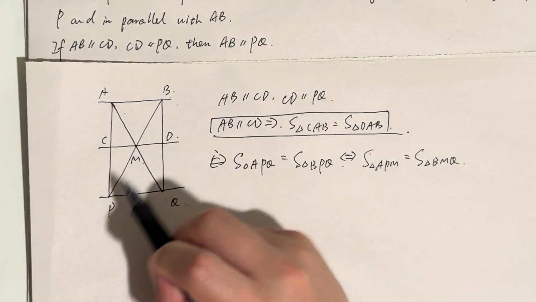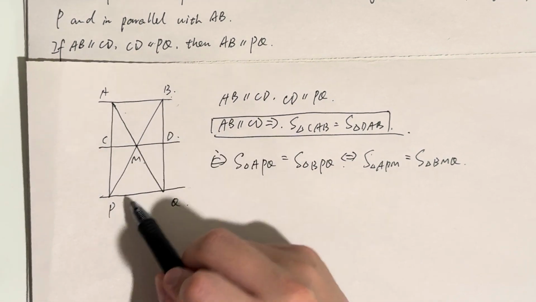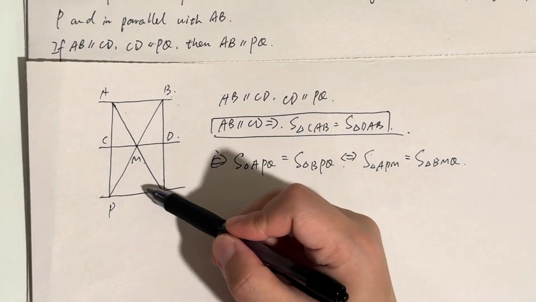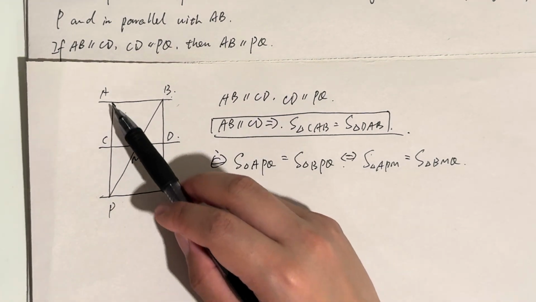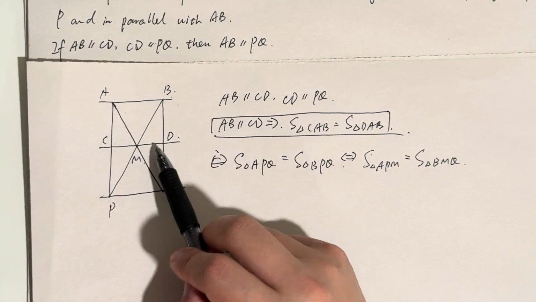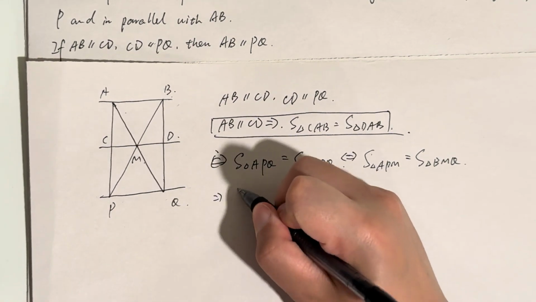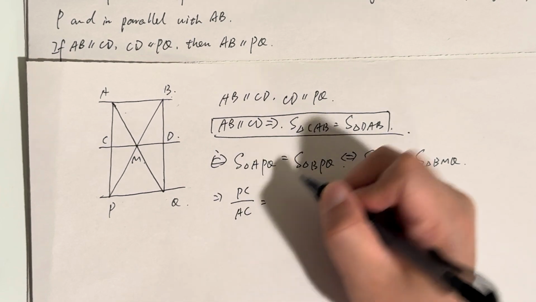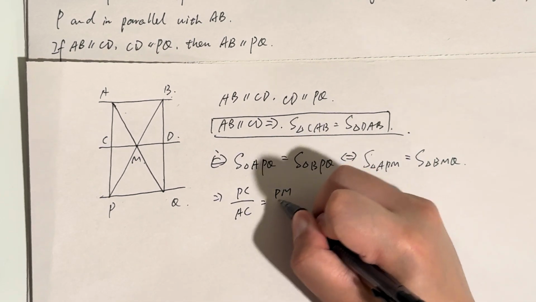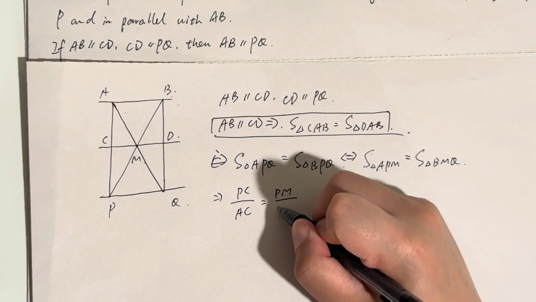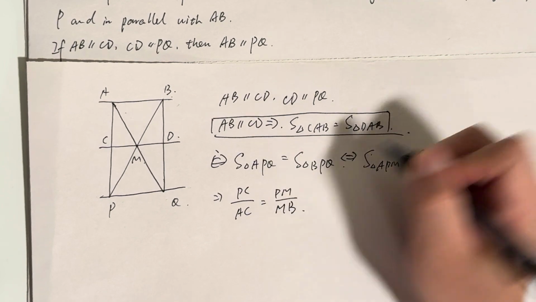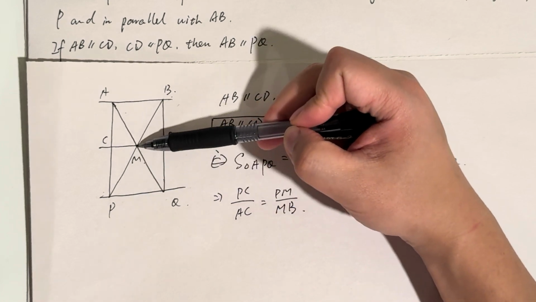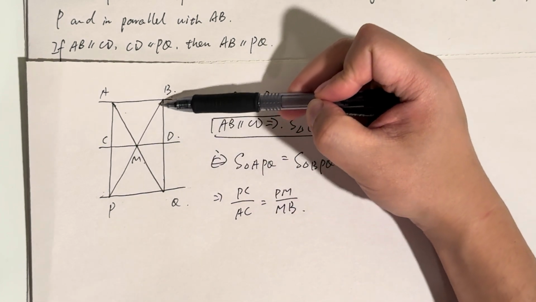Right, we want to prove this area equals this area. And because CD is parallel with AB, P is a point not just on this line; it's a point out of AB and CD, right? So we know that PC to AC equals PM to MB, right?